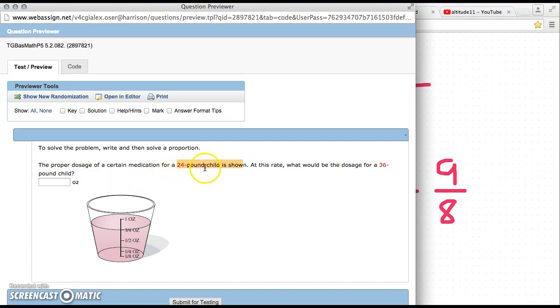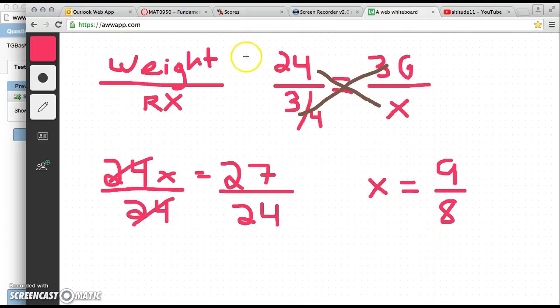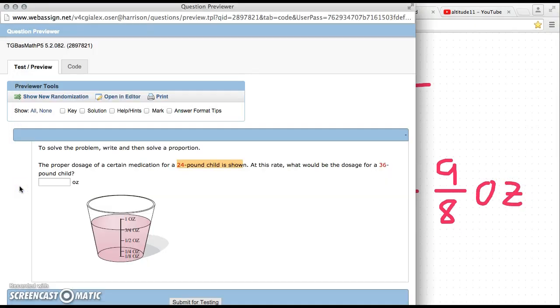So we have pounds for the weight and ounces for the medication. Right, these are in pounds, and this is in ounces. All right, and we just solved for an amount of medication, so that would be 9/8 ounces. All right, so 9/8 should be our answer there.